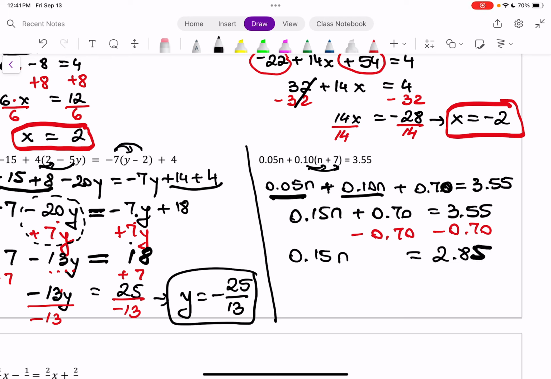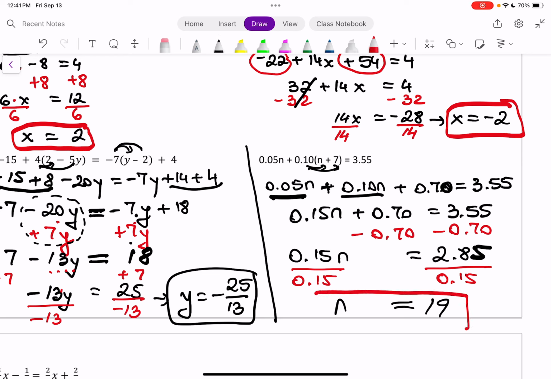And the last thing I'm going to do is divide by 0.15. So again, 1n is going to equal to 19.